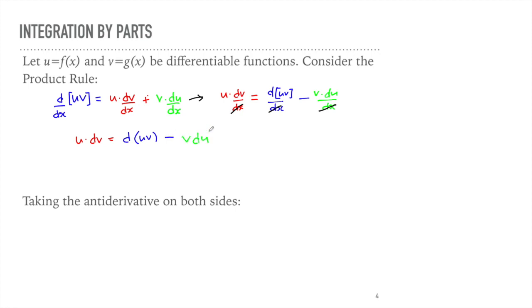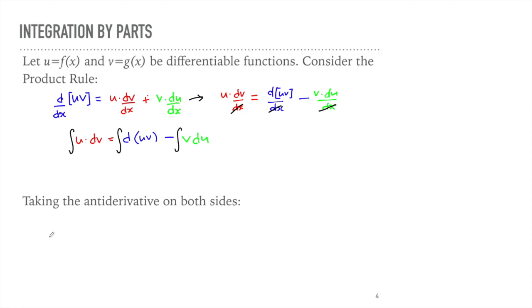Now, what do we notice? It's all d. So, what can we do? We can now take the integral of both sides. So, we'll place an integral sign here, here, and here.